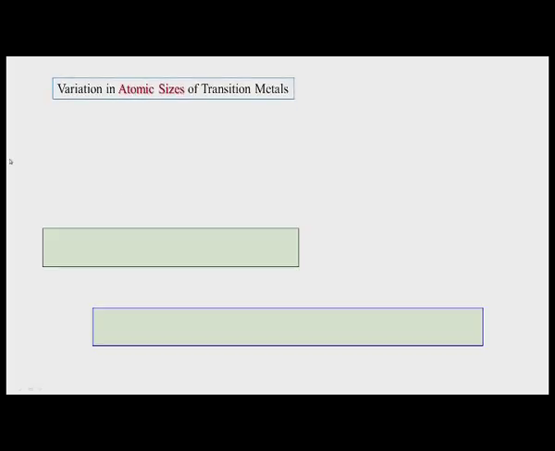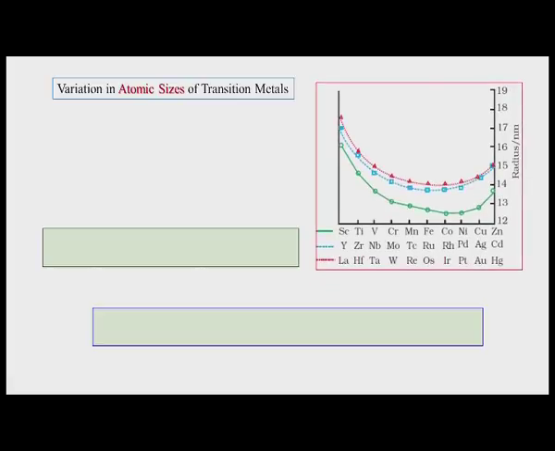Definitely, as we have seen earlier, there will be variation in the atomic sizes of the transition metals as we move from left to right. This is another figure in your NCERT book, and you should recall it while you study the book. What is this plot?